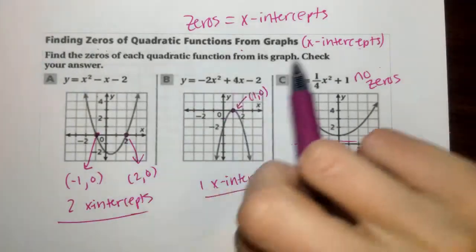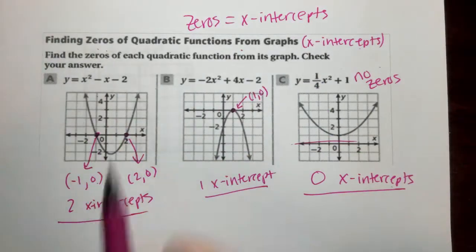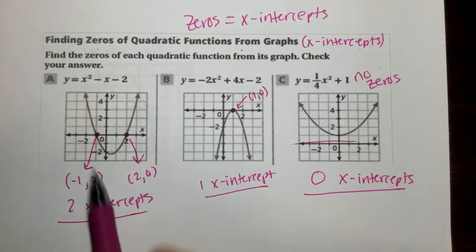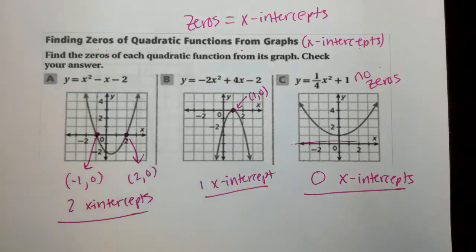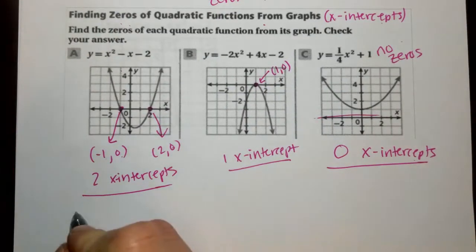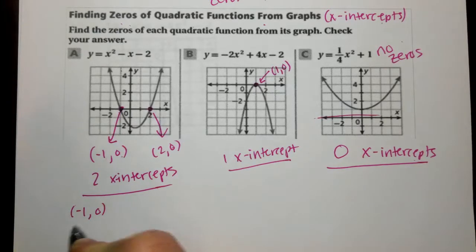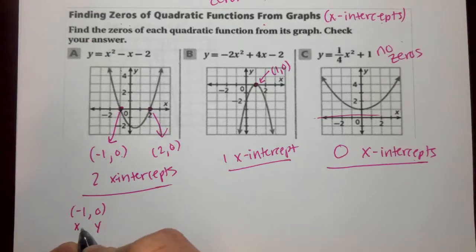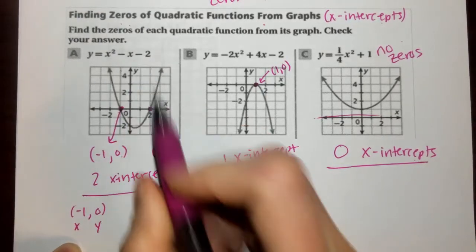Here you'll see the directions say check your answer. It's just showing that if you plug in this x value, it will give you 0. So I'll just do this first one with you guys. So this is your x, this is your y. So we're going to plug x in for this function.